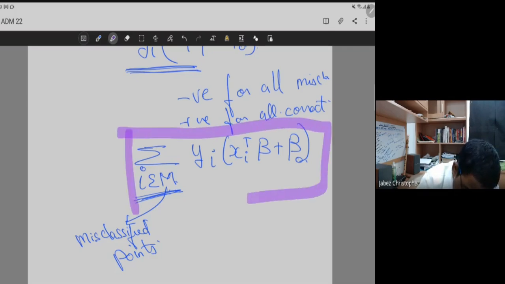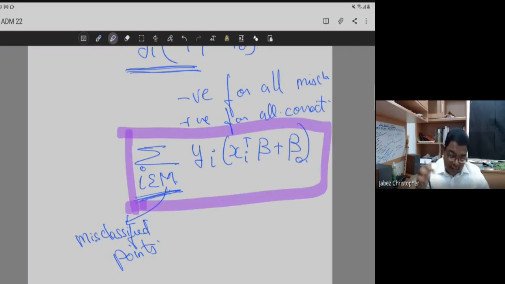What should this value be? This is actually the distance by which these points are on the wrong side, because this is a set of misclassified points, right? And for all these points, the value yi times f of xi is going to be negative, right? Whenever the point is misclassified, whether it is the positive class on the negative side or the negative class on the positive side, it is going to be negative.